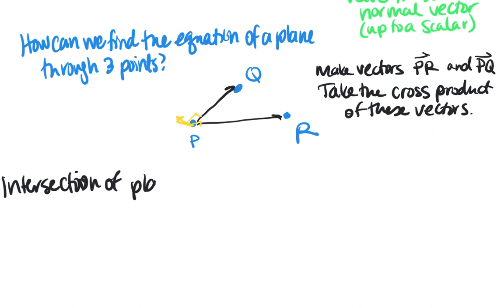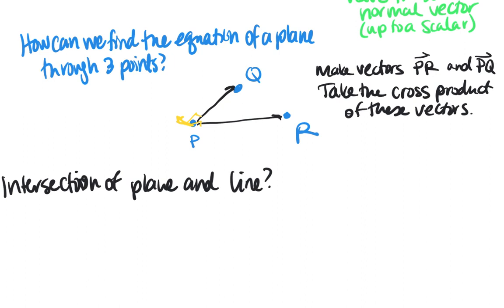Okay, what if you want to find the intersection of a plane and a line? Well, to do that, basically you're just going to be plugging things in. If you have the equation of the line, maybe you solve for one of the variables and plug it into the equation of the plane, or vice versa.